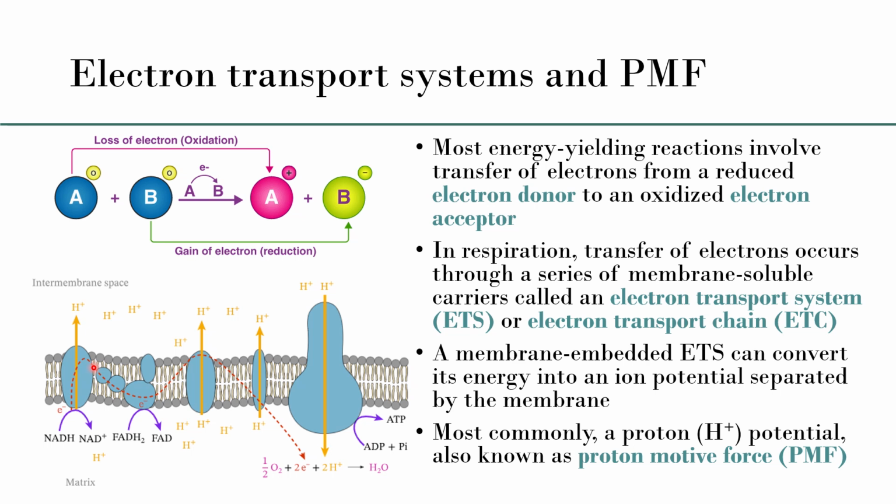Basically, it wants that electron a little bit more than the donor did. And then we keep passing this electron from molecule to molecule in order of increasing desire for the electrons. So we pass it from one that wants the electron but doesn't want it as much as the next one until we get to the final electron acceptor, which is oxygen.